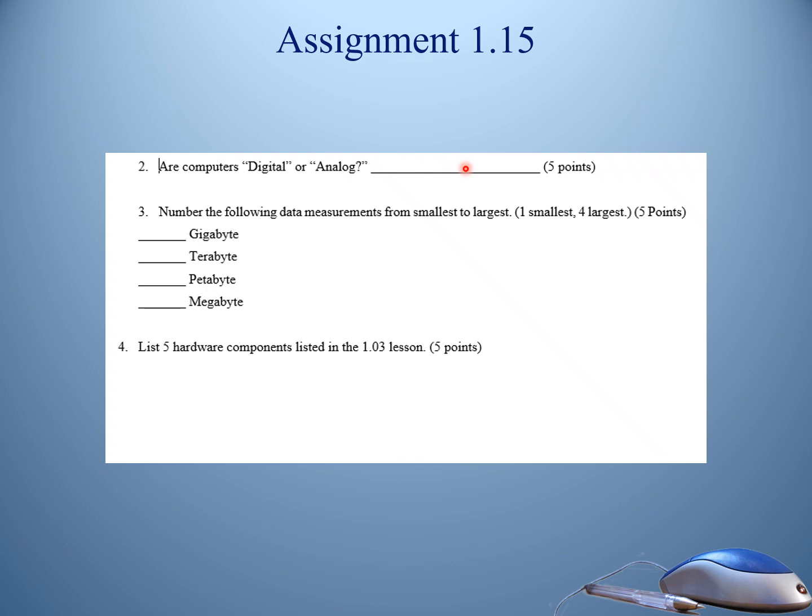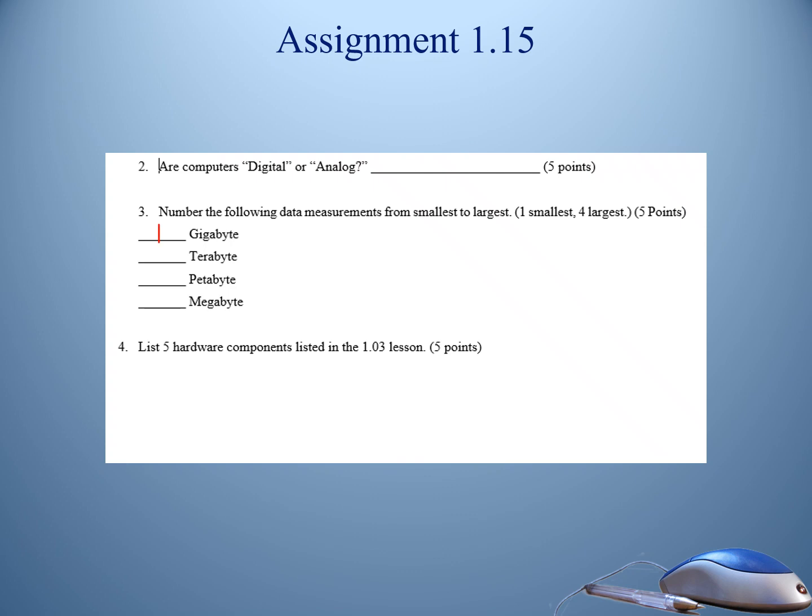Question number 3, number the following data measurements from the smallest to the largest. So what's the smallest data measurement? Let's pretend gigabytes is the smallest data measurement. We would put a 1 there.